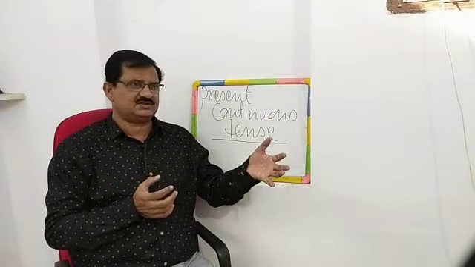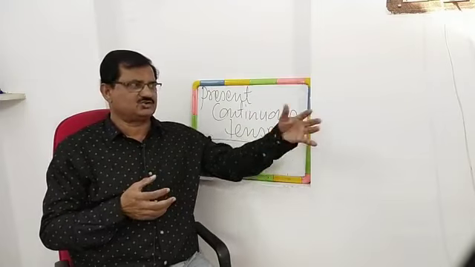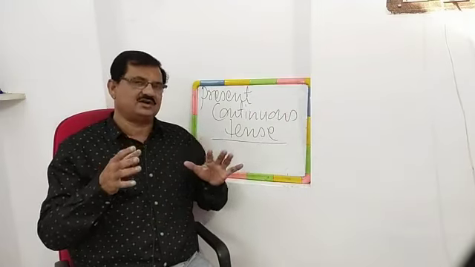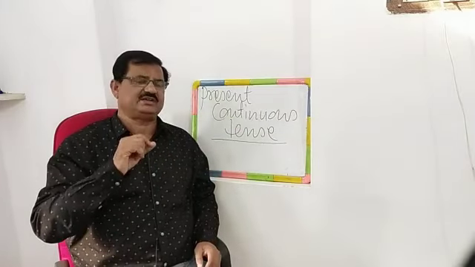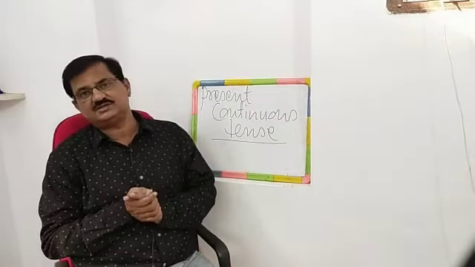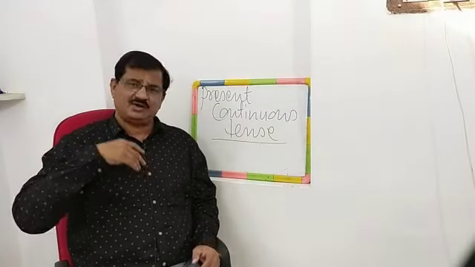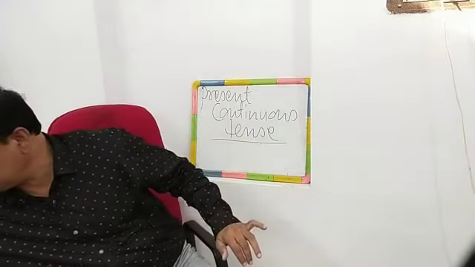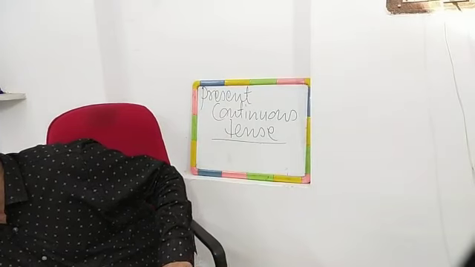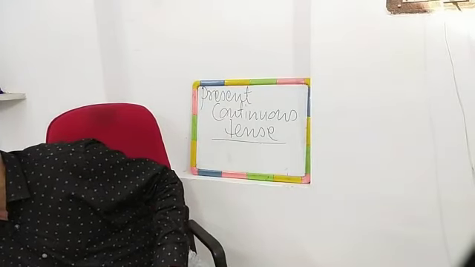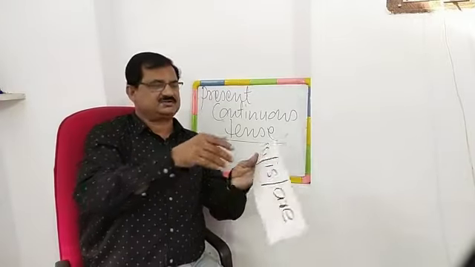And if you want to construct sentences in present continuous tense, the present tense forms of to be have to be used. These are the present tense forms of to be.